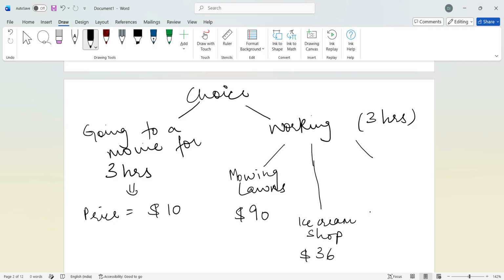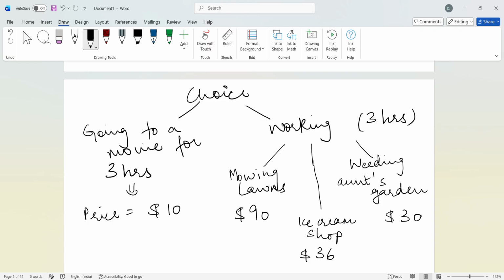And the third option is that you are weeding your aunt's garden. In that case, it's $10 per hour, so you are earning $30 for 3 hours.